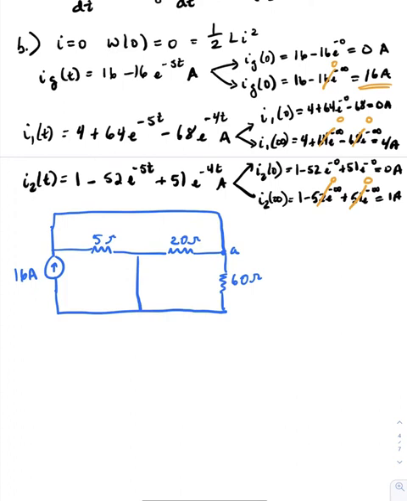Okay. So we have node A, which is right here. And we have this short here. So let's redraw our circuit.